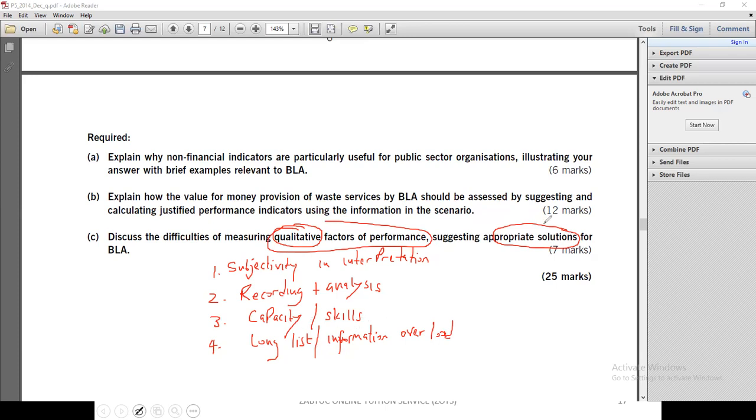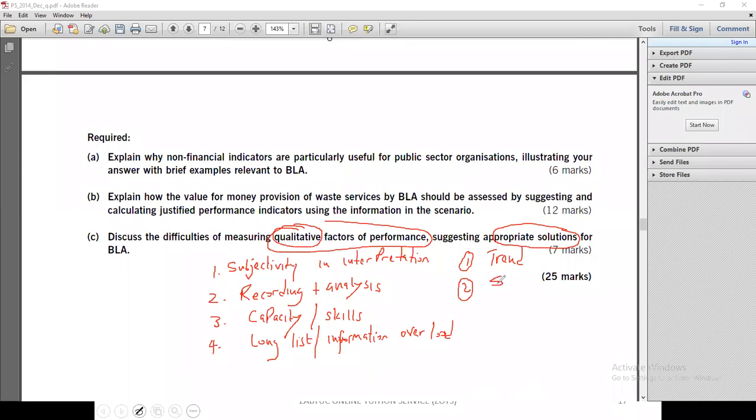What are some of the solutions? Look at the trends. Instead of getting responses just in one period, look at the trend over a long period of time. What does the trend suggest? That is one.